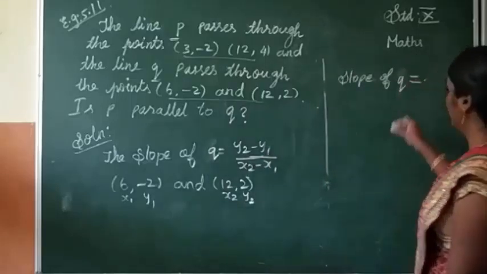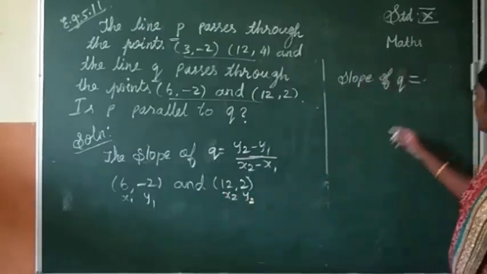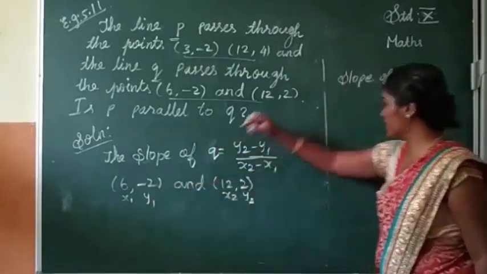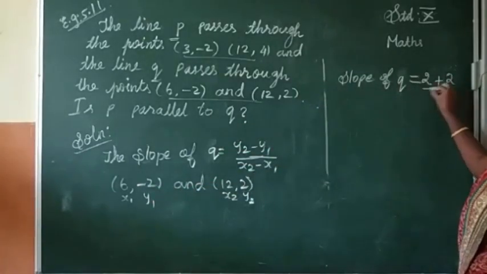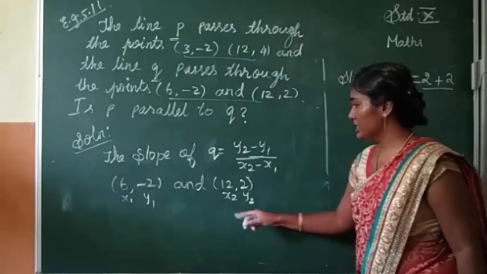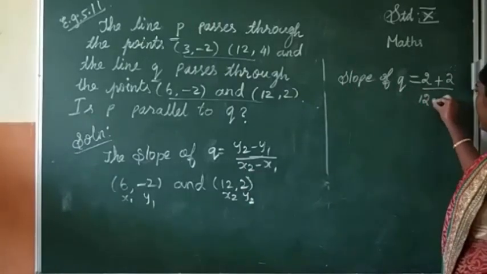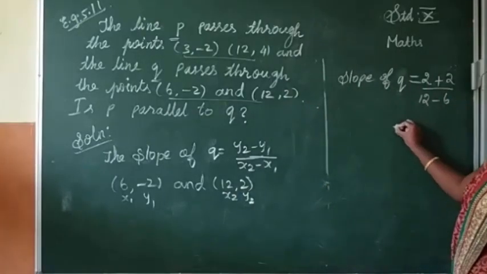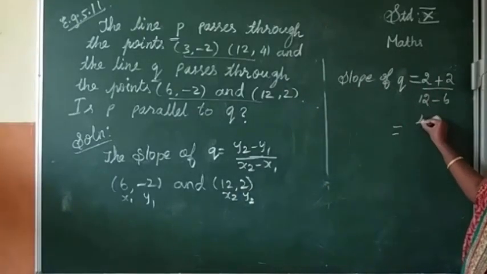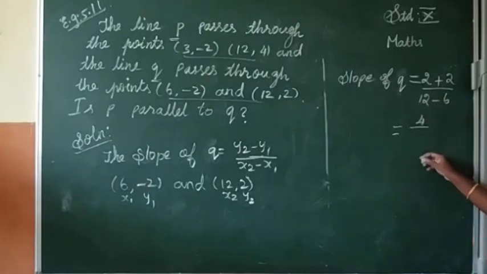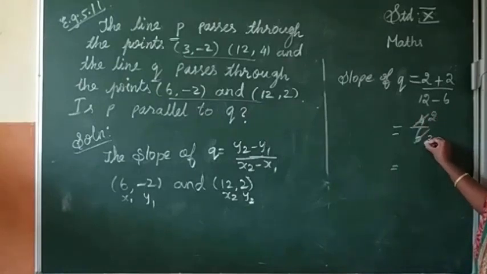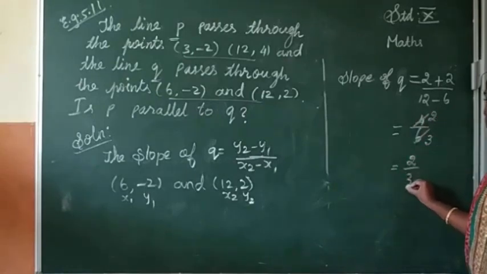So slope of Q is equal to, substitute the values: y2 value 2 minus y1 value also minus 2, minus into minus is plus, 2 plus 2 is 4, divided by x2 value 12 minus x1 value 6, we will get the answer 6. Shall we cancel this number? 2 twos are 4, 3 twos are 6. Finally we will get 2 by 3.